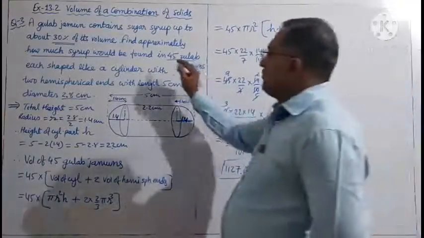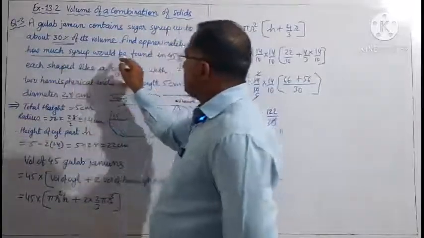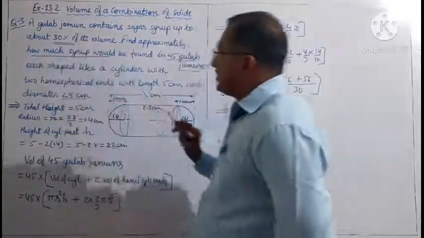But our question is to find the volume of sugar syrup, and that is 30%.